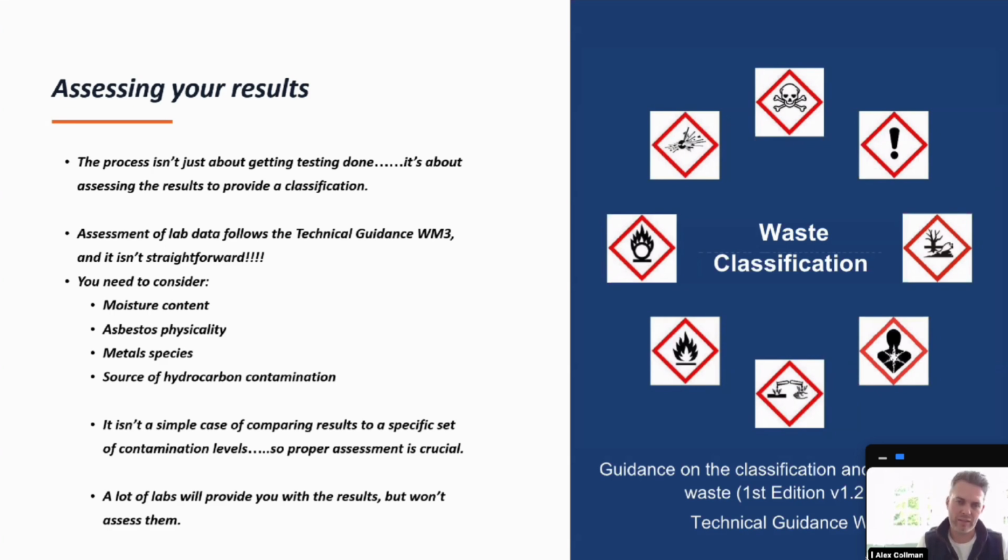Because again, data can be assessed differently by different people, and you want to make sure yours is as accurate as possible. So there's things that can be taken into account when you're assessing and providing a classification, such as moisture content, the physicality of any asbestos that's present in the waste, metal species.